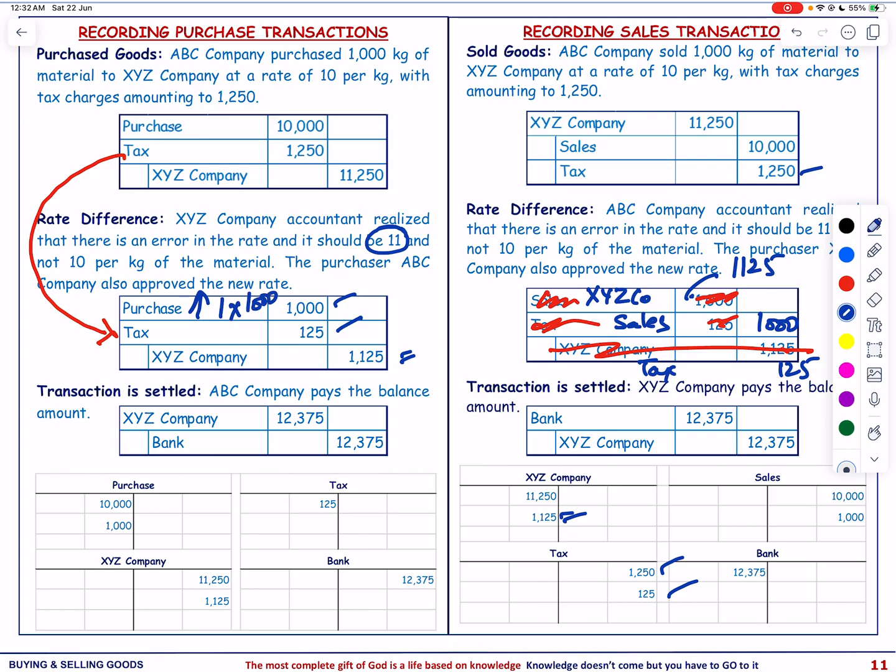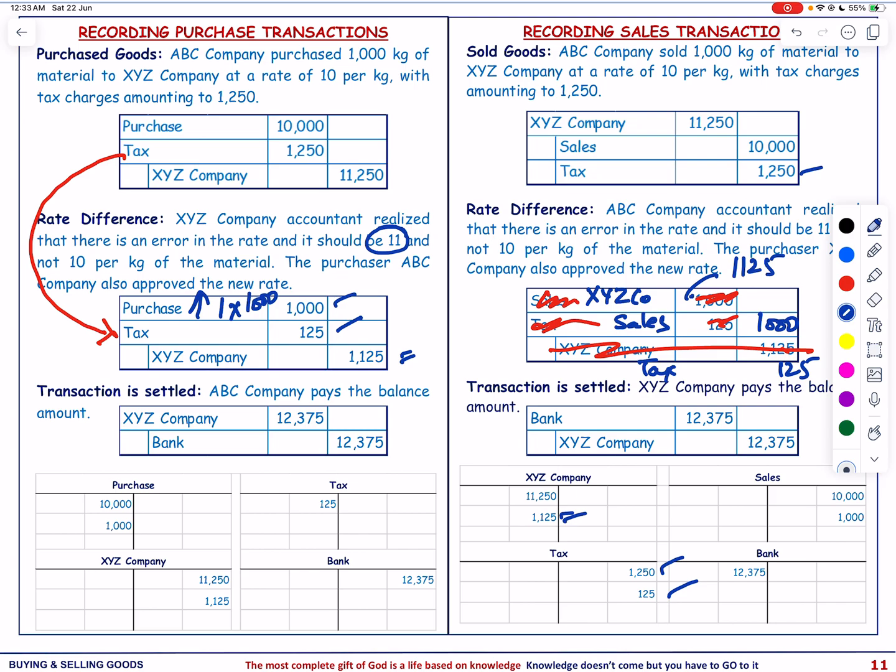So 1 times 1000 is 1000. And then we have the tax increase of 125, and XYZ company is going to be credited by 1125. And then they are settling the account.